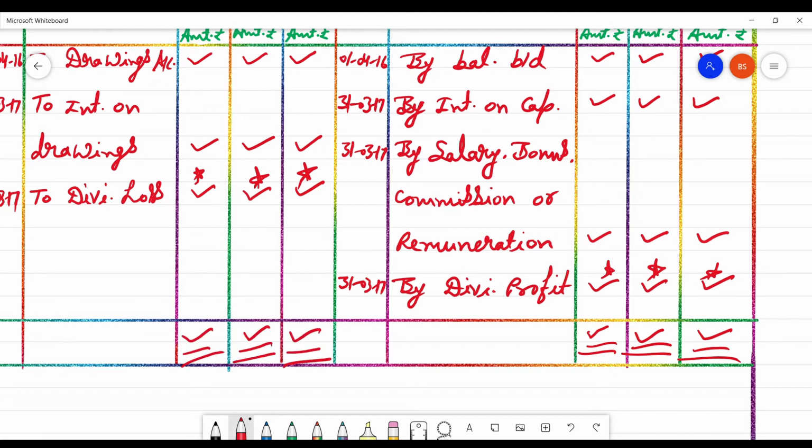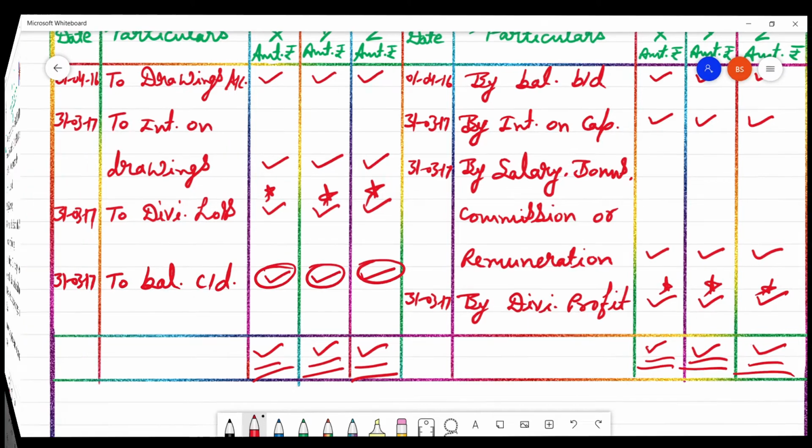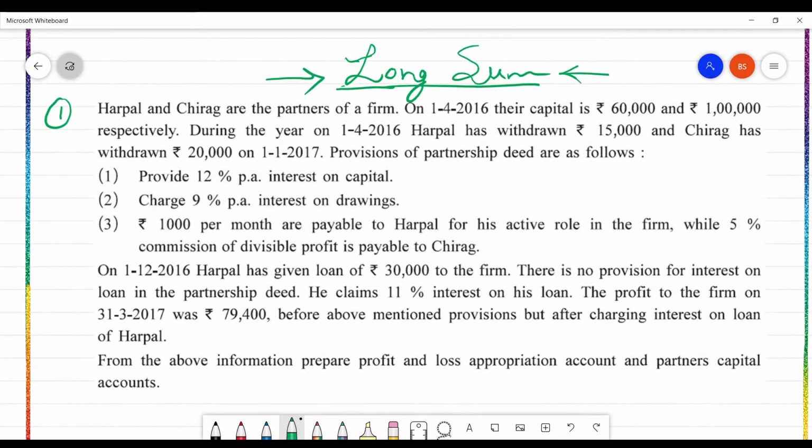After putting the total, we will deduct all the debit side's amounts, and on the last date we will write "To balance carried down". This is the difference.